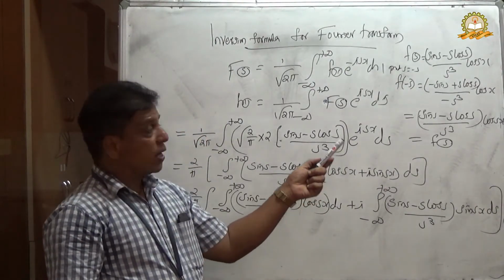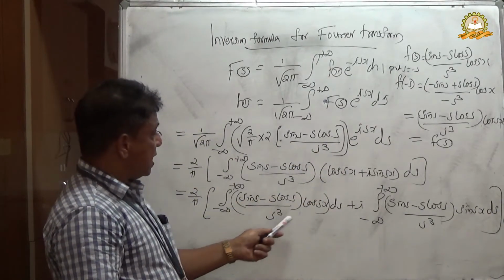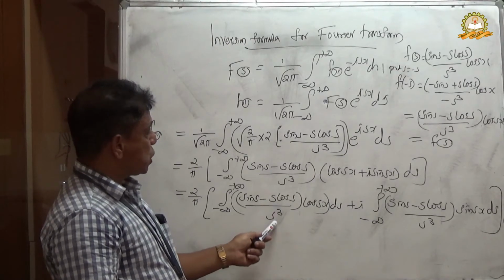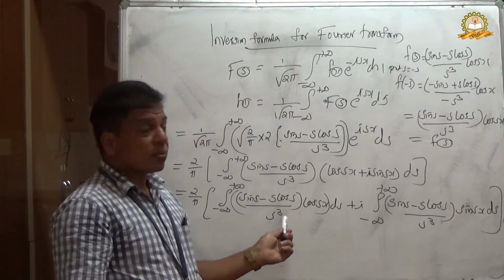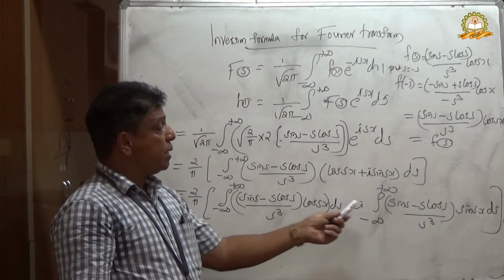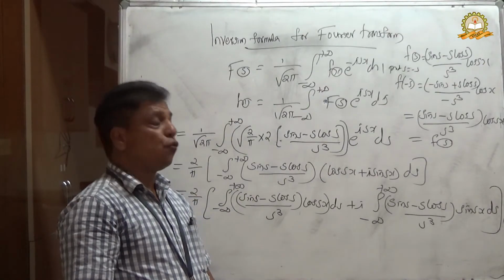Therefore, our conclusion is that the first case, sin s minus s cos s by s cube into cos sx ds, is an even function. Then automatically the second case will be an odd function.